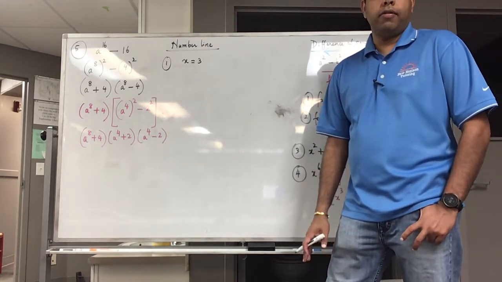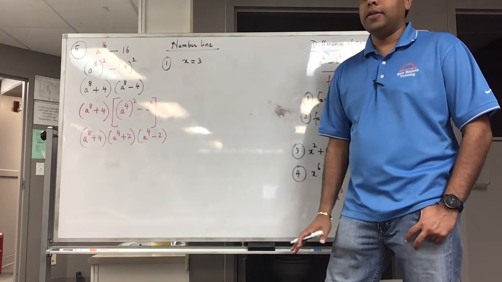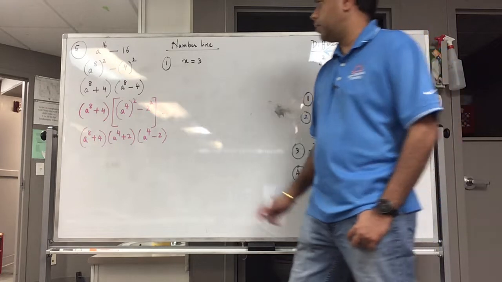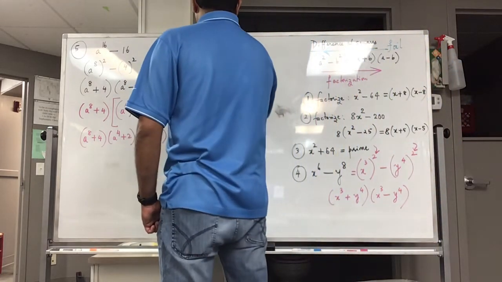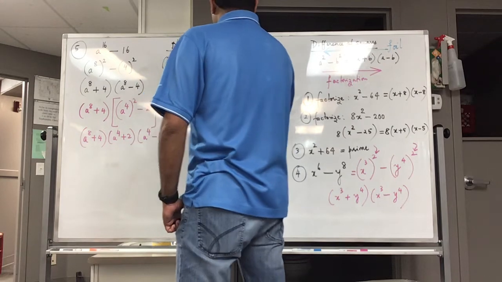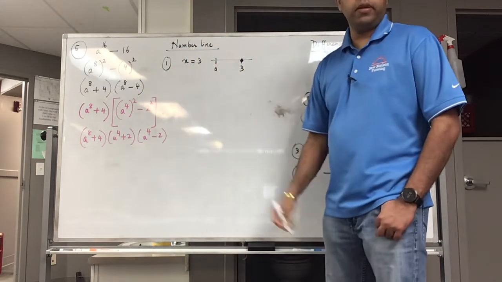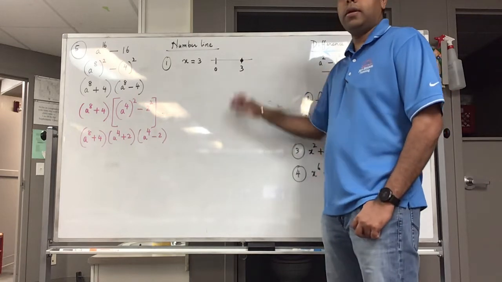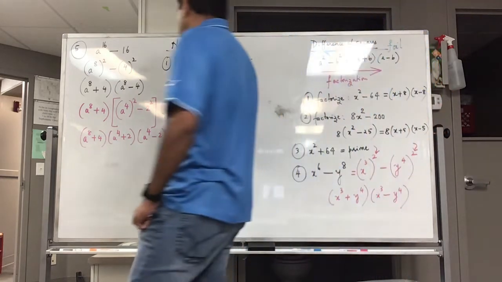You guys have done number line, right? Don't tell me you didn't do it. You guys have done that, right? Number line. So this is number line, right? Simple. Don't make it anything more than this, right? At x equal to 3. Next.